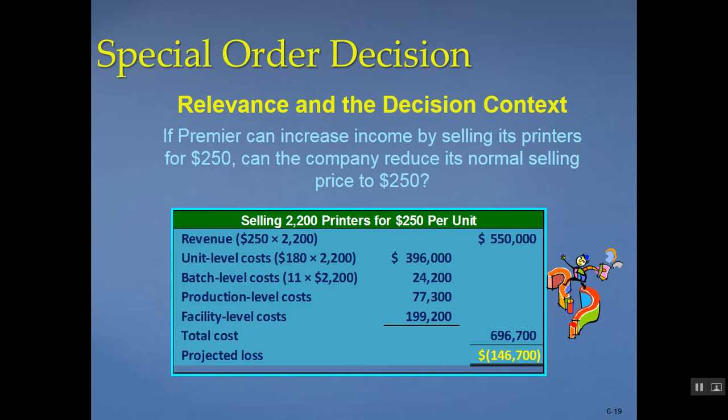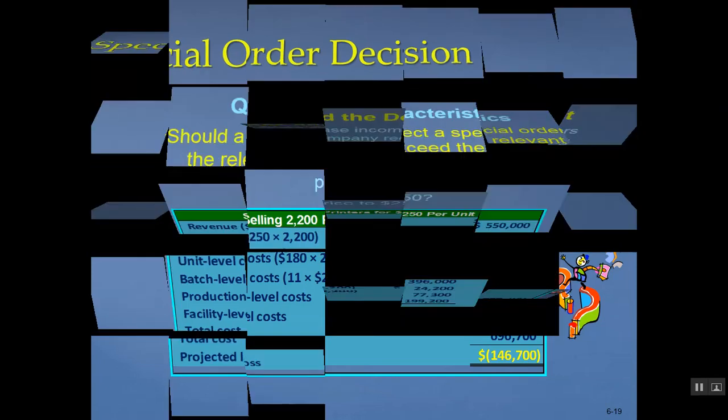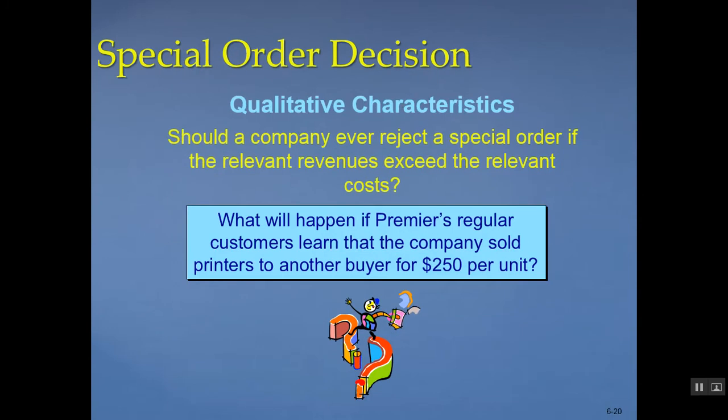In addition to the quantitative or financial analysis, we also need to consider qualitative characteristics. Should a company ever reject a special order if the relevant revenues exceed the relevant costs? Well, it depends. What do you think would happen if Premier's regular customers learned that the company sold printers to another buyer for $250 each?